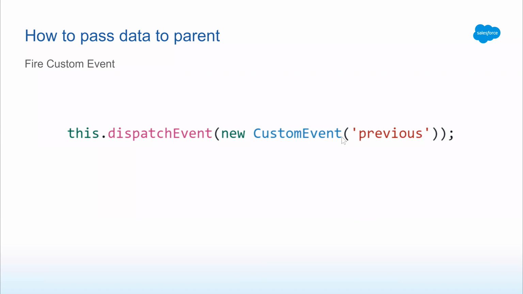Whatever event name we define here always has to be in lowercase, even if there are multiple words. Like if instead of previous, it was previous pages, I will have to write previous pages in all lowercase.